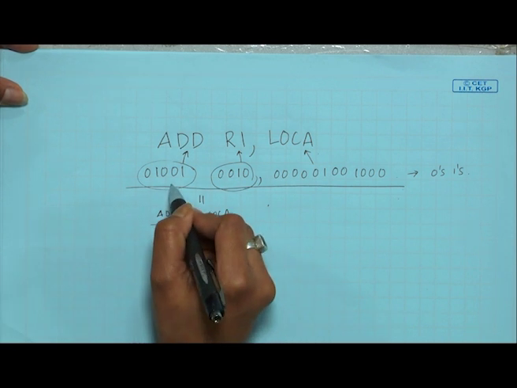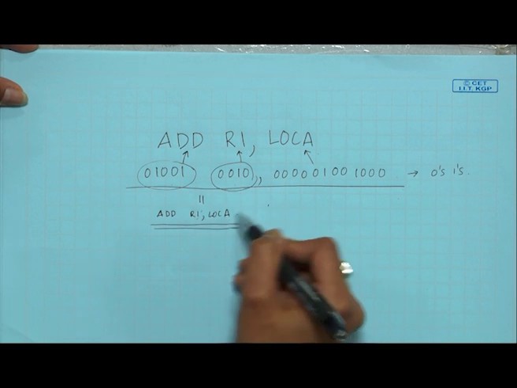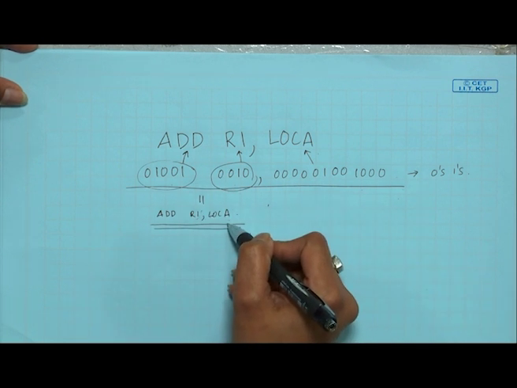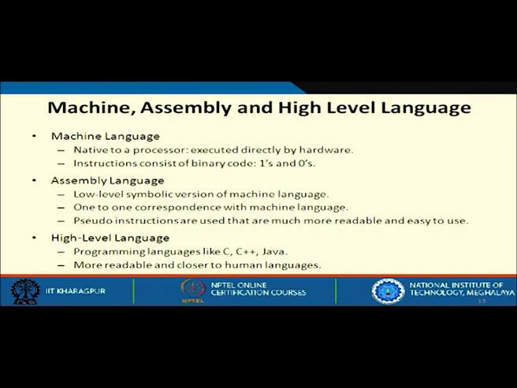And what are the mnemonics? This represents add, this represents R1, this represents location A. So, this language is a low level symbolic version of machine language. There is a one-to-one correspondence with machine language.